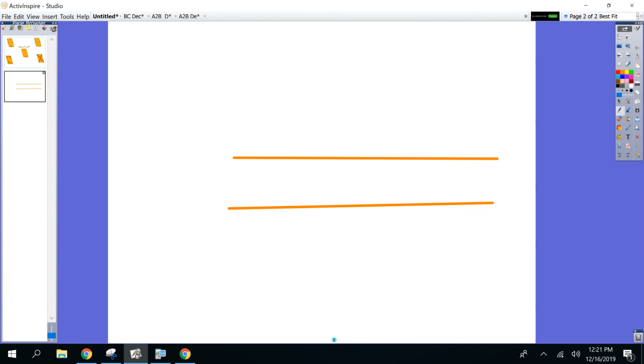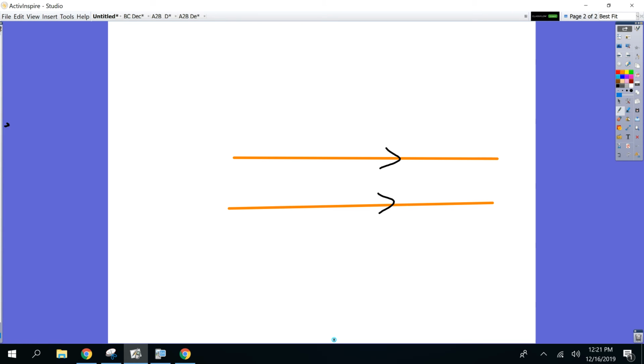Here are my two lines. I will let you know that they are parallel to each other. Okay? Everyone good? Those are parallel. Just go with it. Are those two parallel? What about those two?